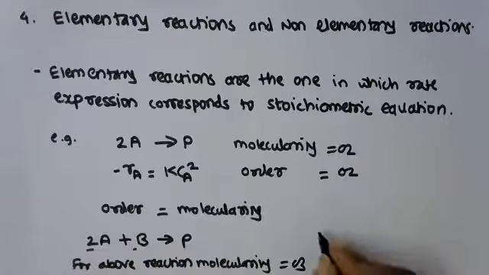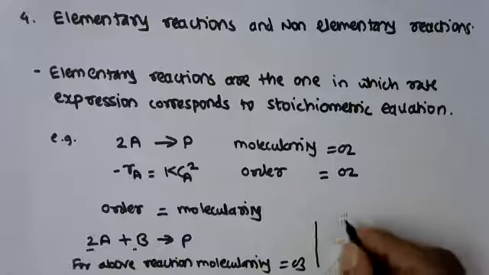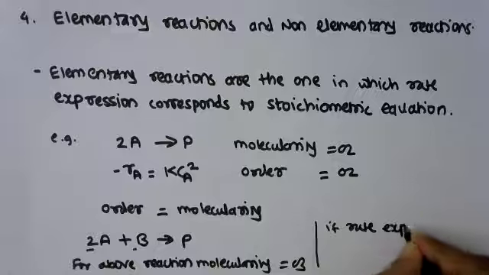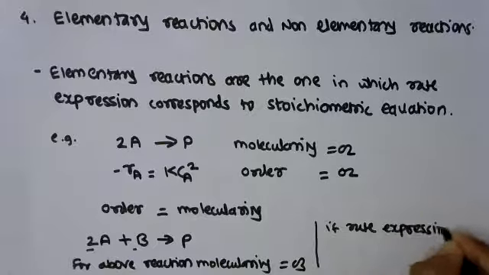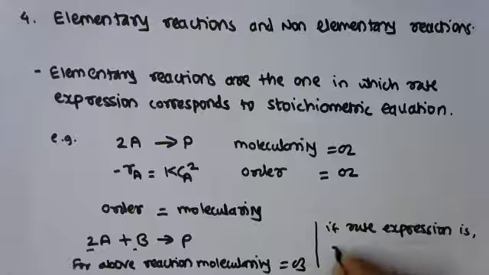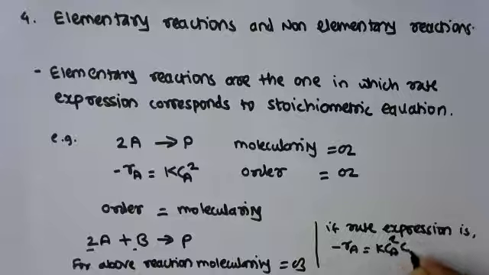So let us understand, if the rate expression is minus r_A equal to k C_A squared C_B raised to 1. If it is raised to 1, then we don't write it. Now what is the order of reaction?